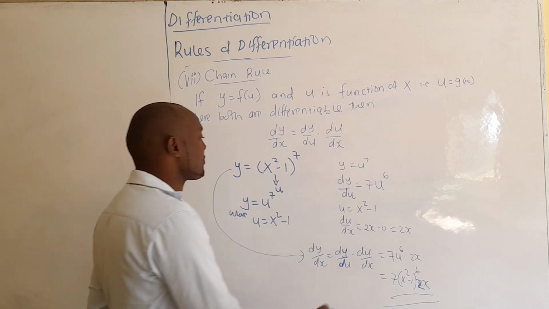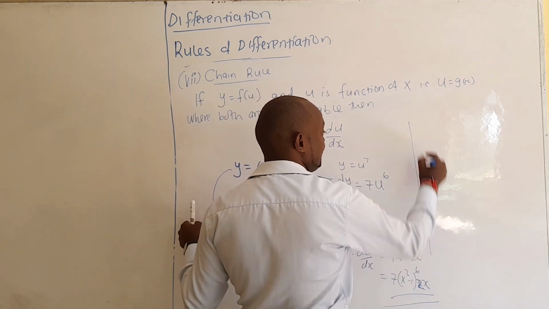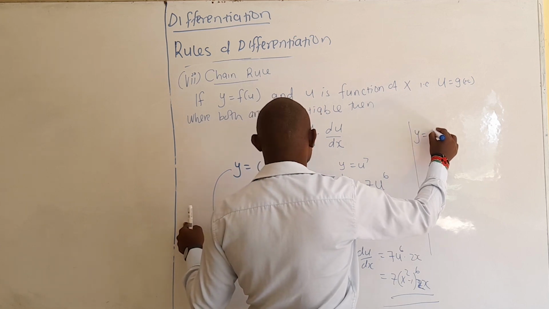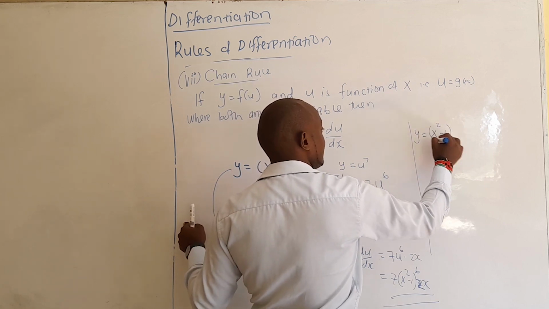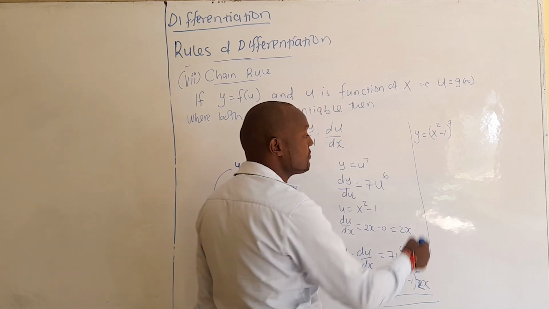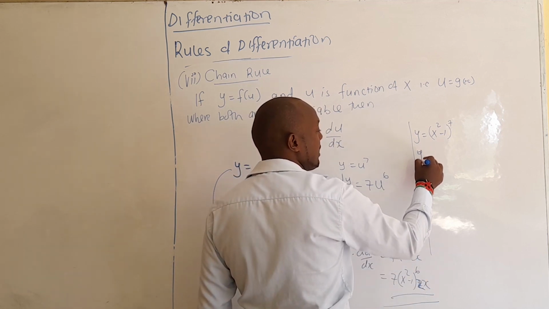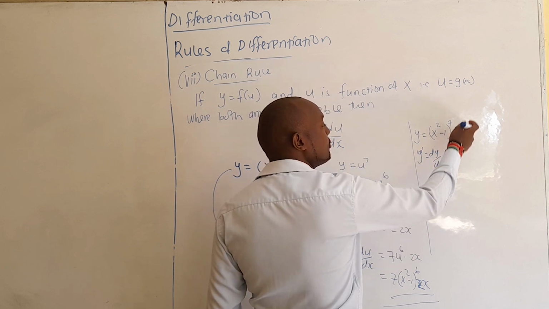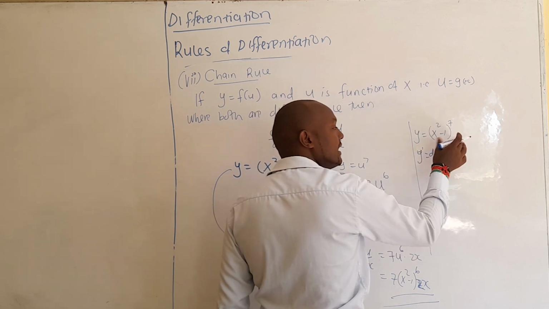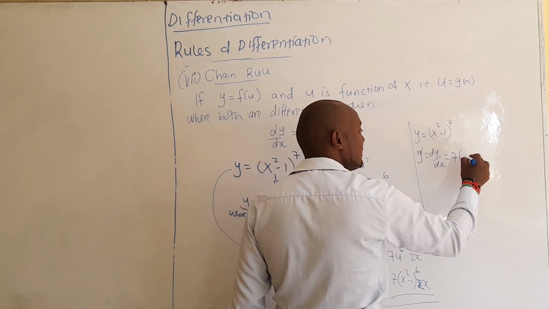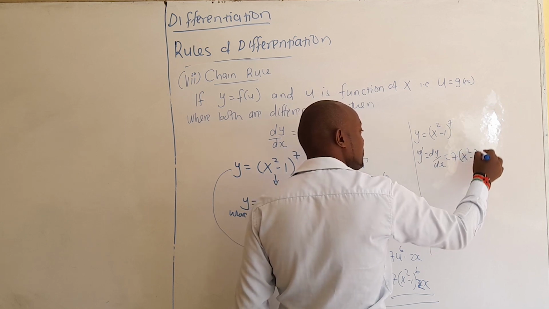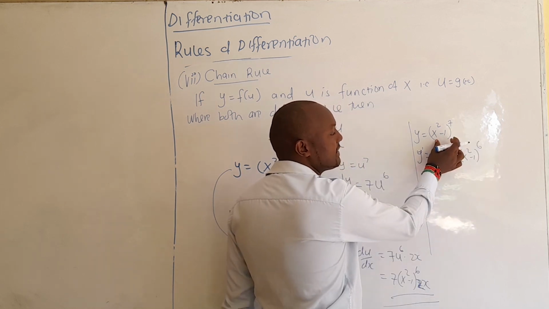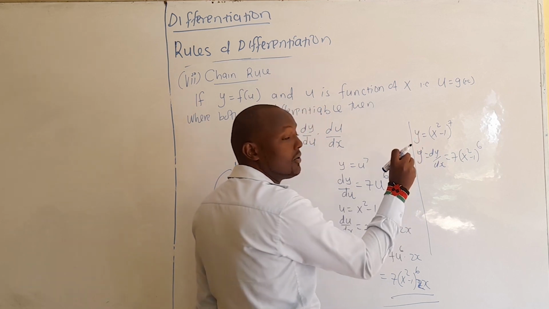There are some cases where you solve this one directly. When you become an expert, you'll be solving this directly. The y prime or dy over dx will just be simple. Bring 7 here, you treat it the way it is: 7(x squared minus 1) to power 6. You see how I've treated this one just like one number.